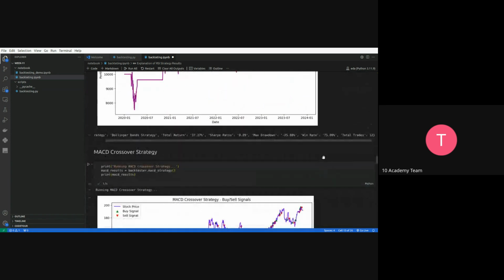So from the result, we can see that there are 12 trades that can happen during this time. And there are 12 trades, and the winning rate is higher, as you can see, 75%.